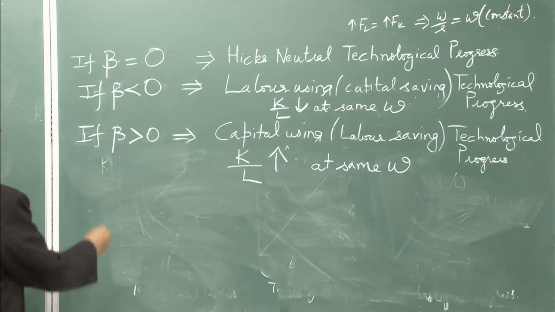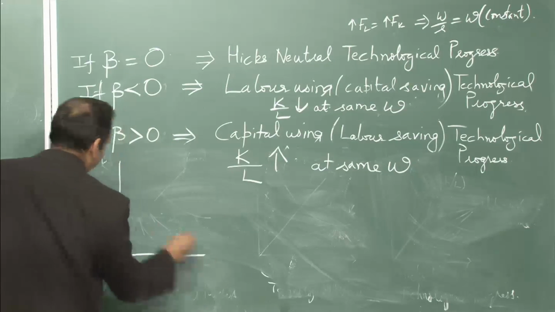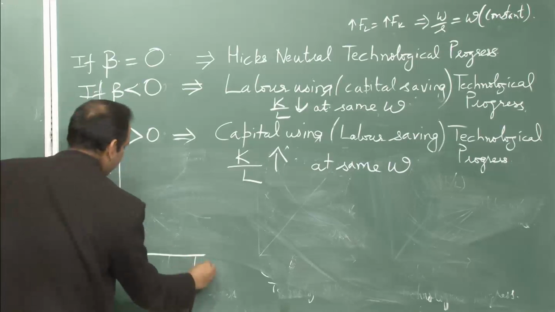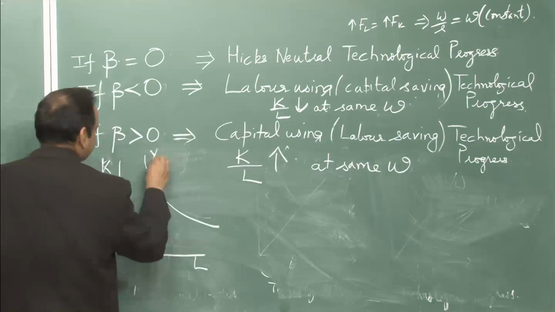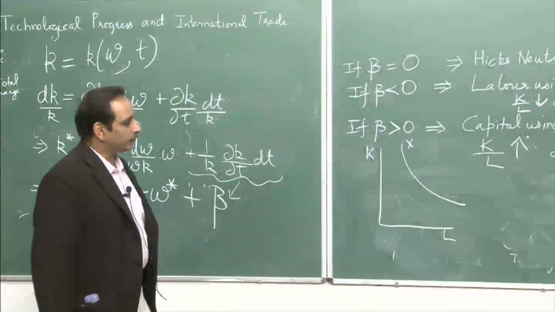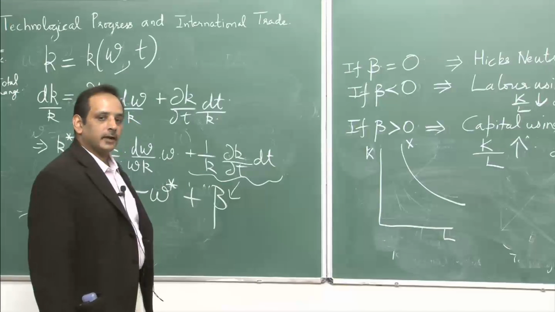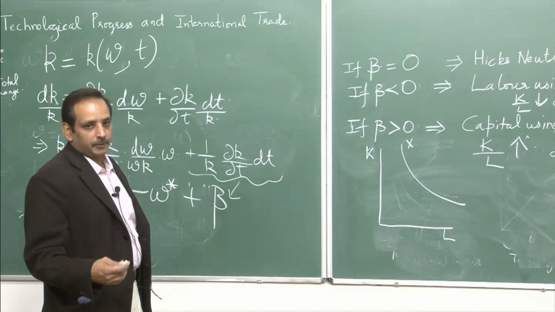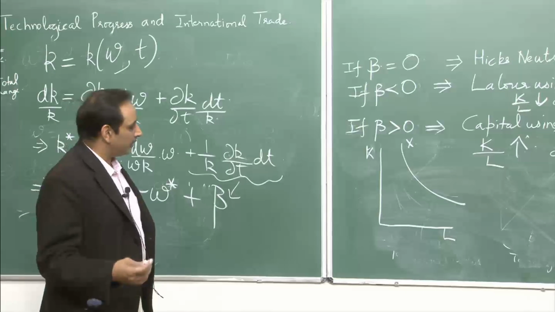Now, if you have to show it through the figure, again you have capital and labor, you have the isoquant x. Technological progress means that you can produce x with less capital and less labor.